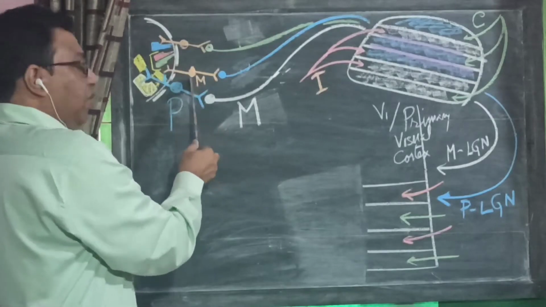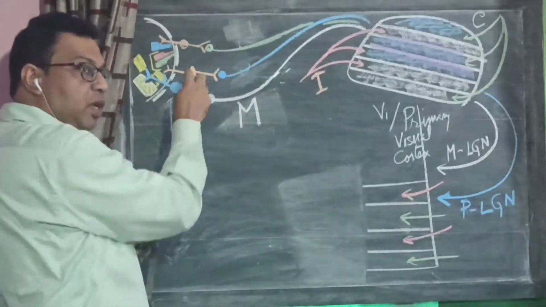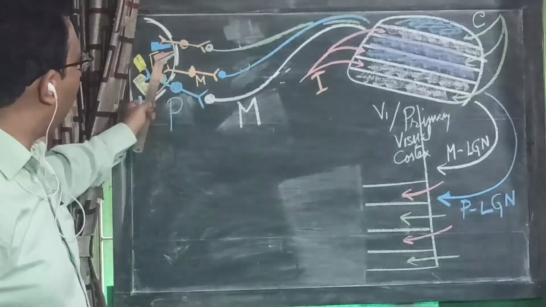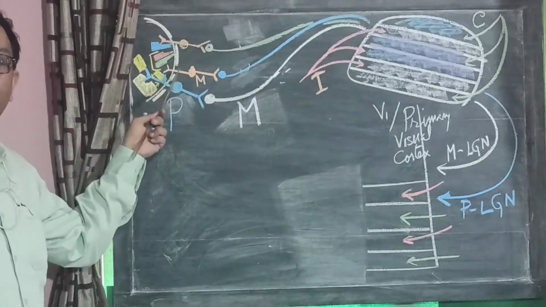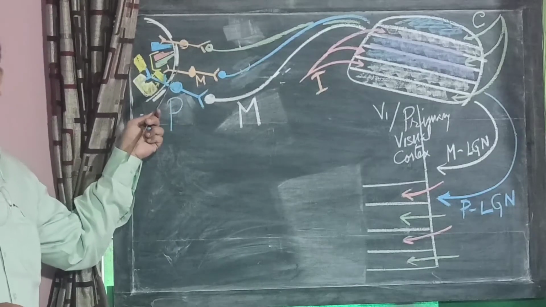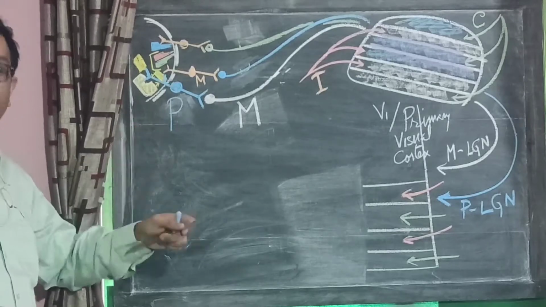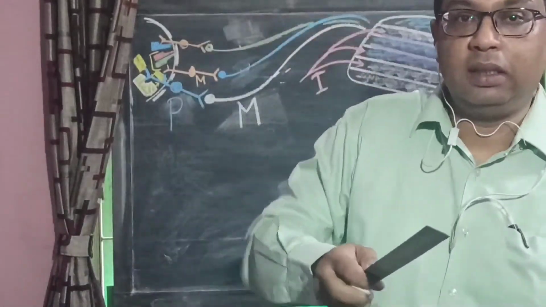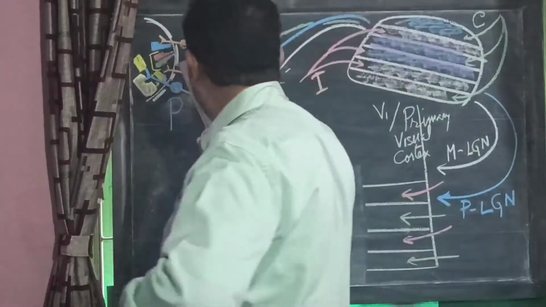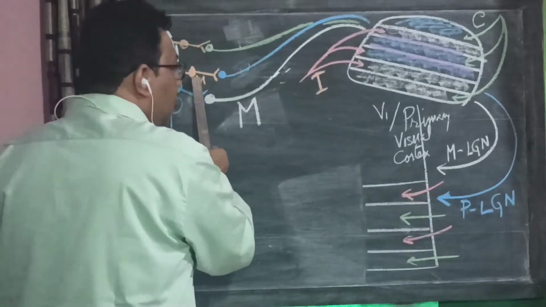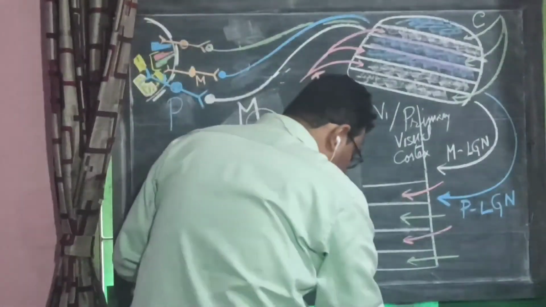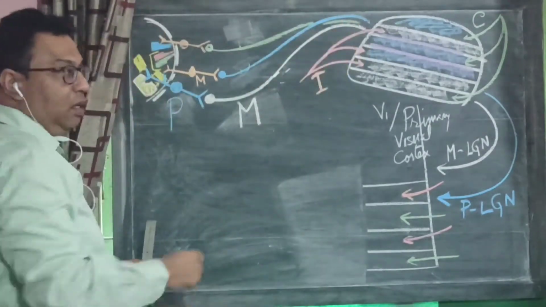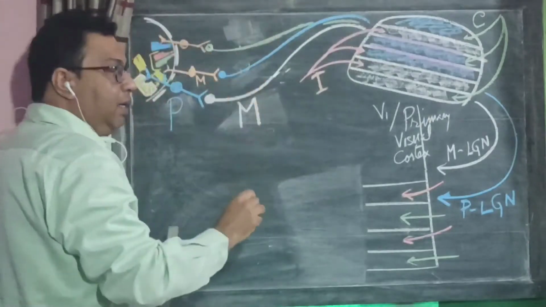This bipolar cell is a midget bipolar cell, a very small bipolar cell compared to this, and it has a one-to-one relationship with the cone. One cone will contribute to the depolarization of this midget cell or hyperpolarization of the midget cell, depending on whether it is in the on pathway or off pathway. So suppose this is an on bipolar cell, so it will depolarize, and thereby it will signal the dedicated ganglion cell to pass its information to the lateral geniculate body.